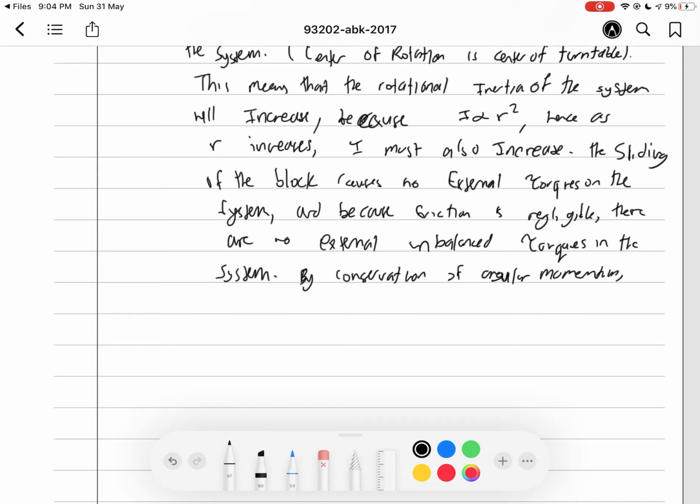So the angular momentum will stay the same.